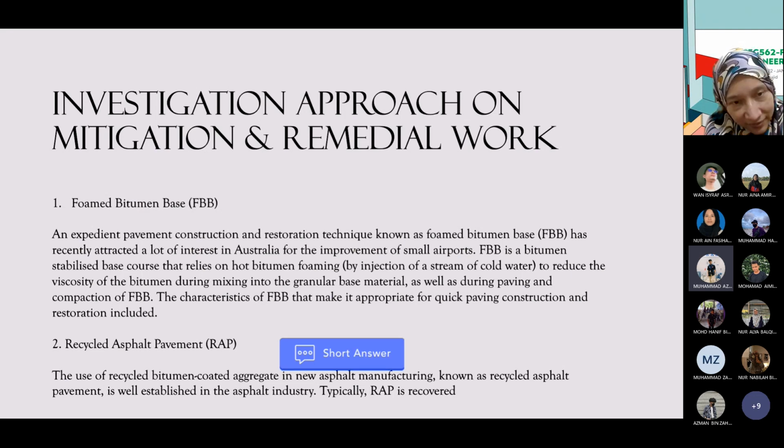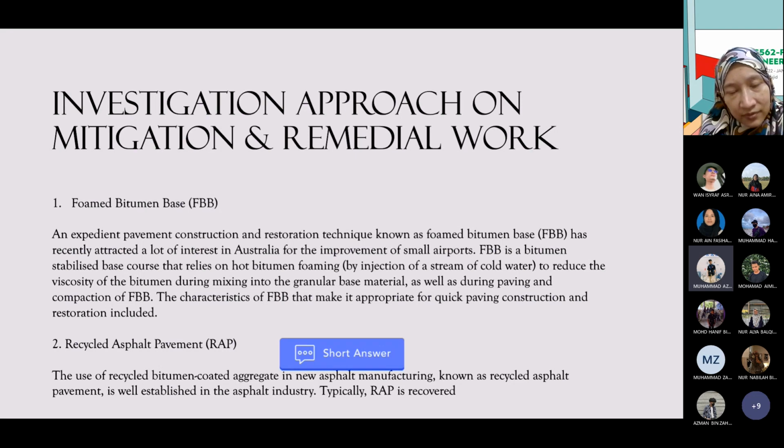Since the problem at this airport is cracking, the proposed pavement construction, or the more latest and convenient restoration technique, is by using foam bitumen base, or as known as FBB. FBB is a base course that relies on hot bitumen foaming.